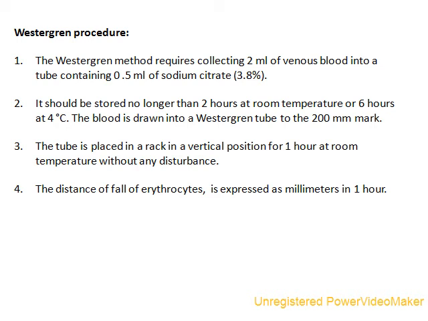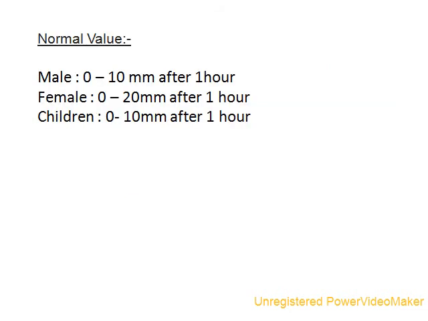The blood is drawn into the Westergren tube to the 200 millimeter mark. Then the tube is placed in a vertical position for 1 hour at room temperature without any disturbance. The distance of fall of erythrocytes is expressed as millimeters in 1 hour.